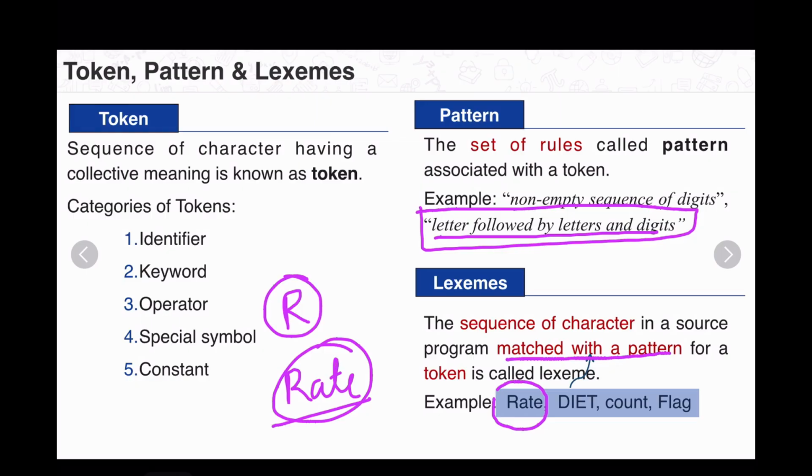Some identifiers follow certain rules. So rate matches letters followed by letters, so it is called an identifier.